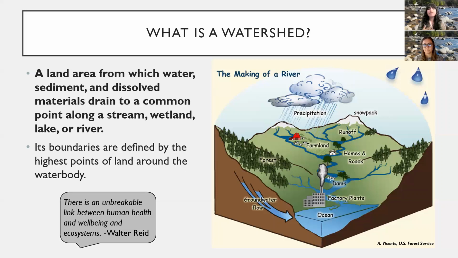This is where we start to see the cumulative effects of non-point source pollution and potentially the harmful impacts to ecosystems that also impact human health. Essentially, each water body has its own watershed, and the size of a watershed will depend on the size of that water body. It can be as small as a neighborhood creek, or as large as a river that goes across the entire state.